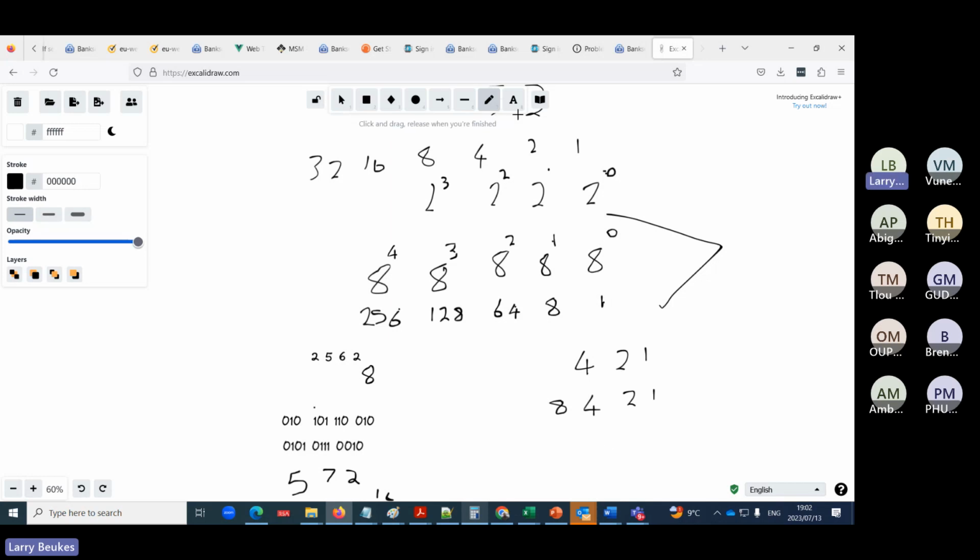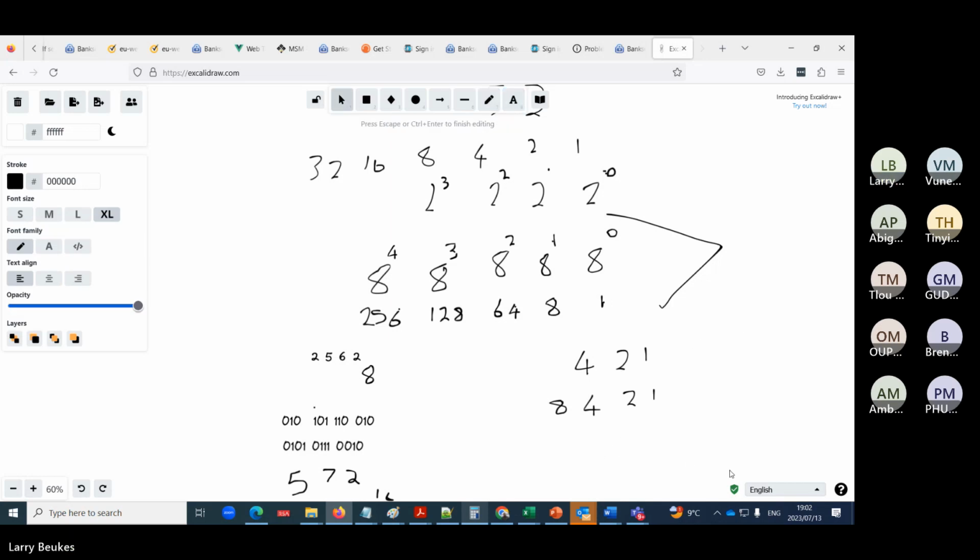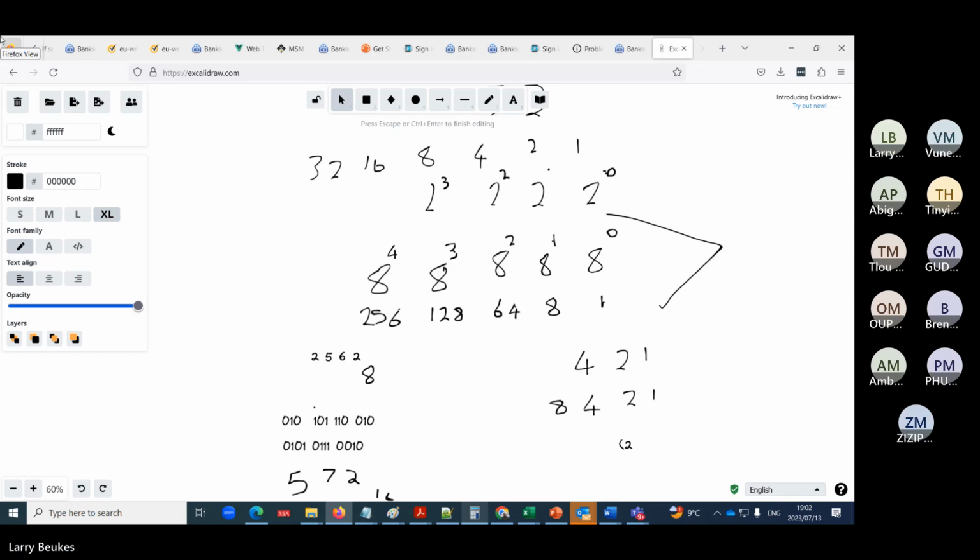So let's do it here. It's 2 multiplied by 8 to the power 0, which we know is 1. It's basically 2 multiplied by 1.